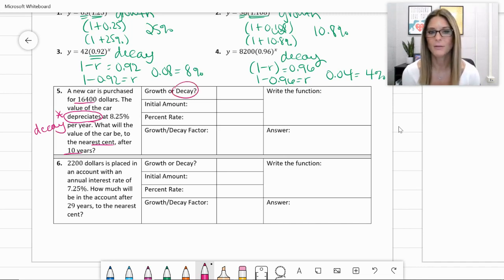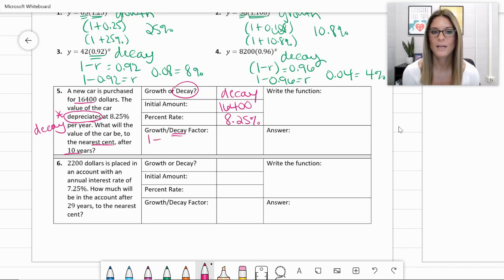So in our boxes here, we've got a place where we can write that this is a decay problem. Our next box is initial amount. The initial amount or value of that car was $16,400. The percent rate, go ahead and put 8.25%. We'll use that box for our percentage. But now let's determine that growth or decay factor.